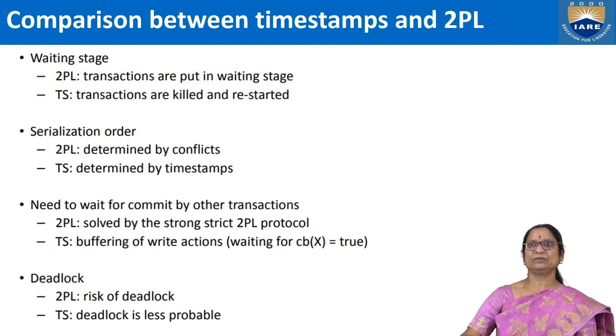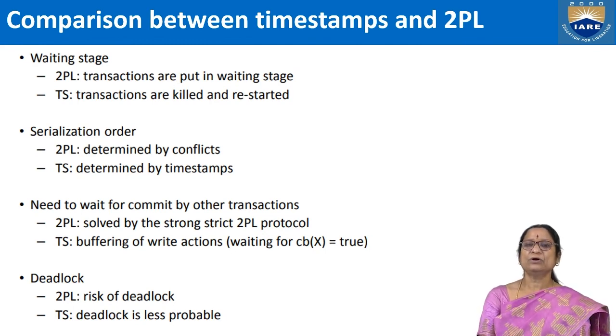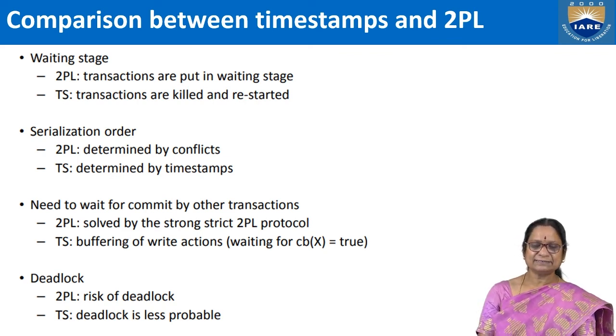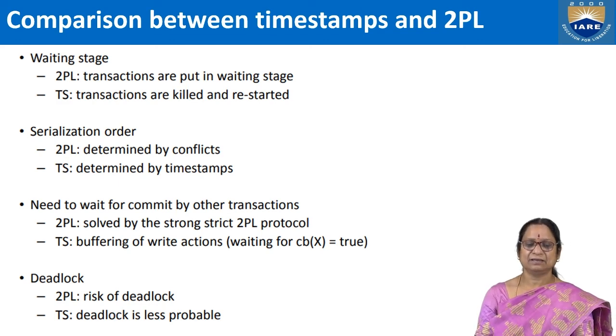serializability. Right? So this is the comparison between timestamp based protocol and two-phase locking protocol. Waiting stage: in two-phase locking protocol, transactions are put in waiting stage, and in timestamp protocol, transactions are killed and restarted. Serialization order: 2PL is determined by the conflicts and TS is determined by the timestamps.